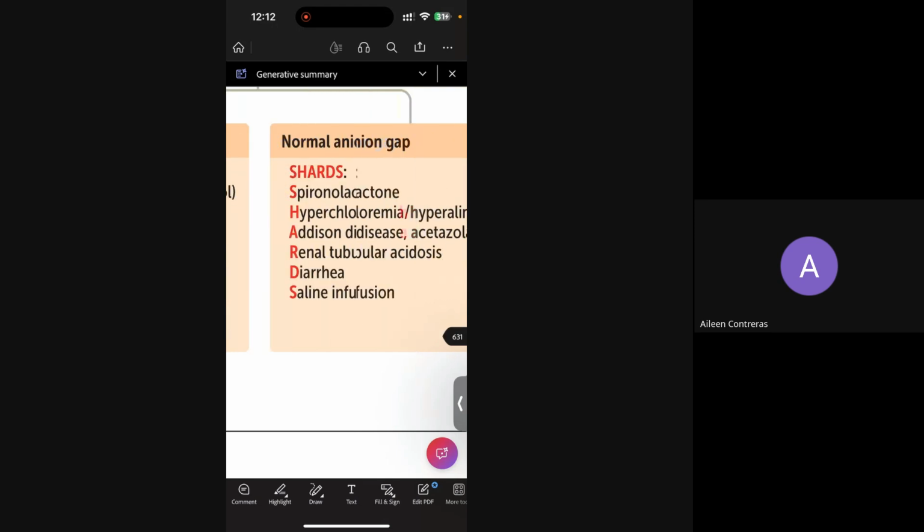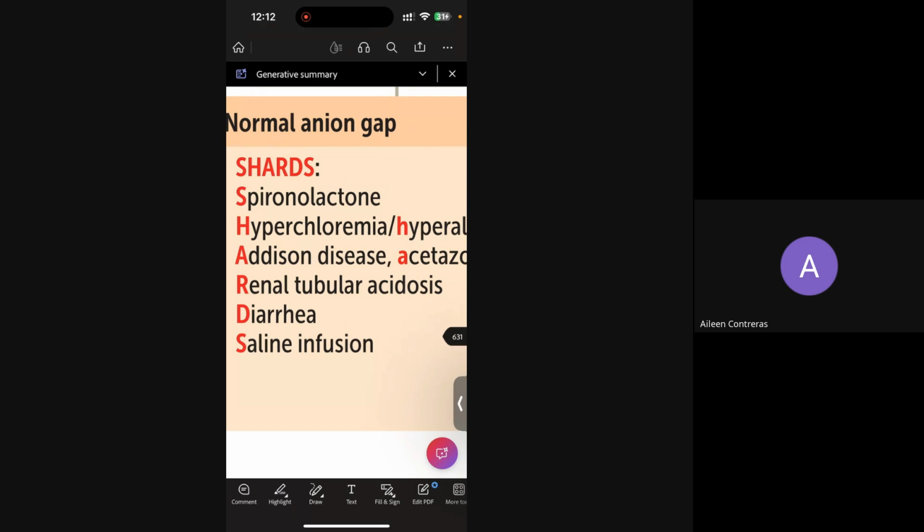Now comes the normal anion gap. Diarrhea: in diarrhea, you are not adding any new acidic compound. The only thing happening is that you are losing bicarbonate ions, a basic compound, from your body.